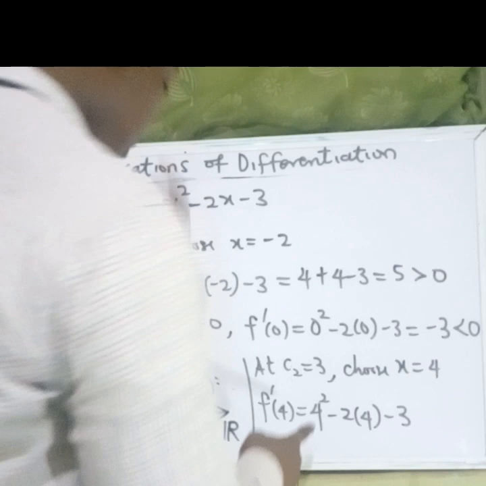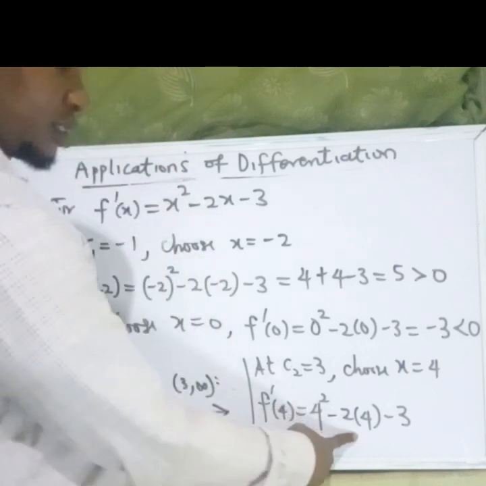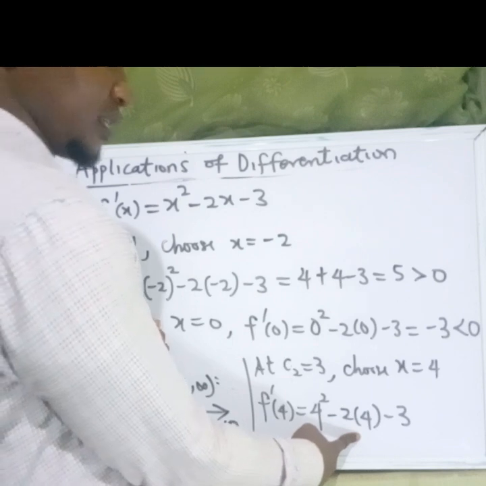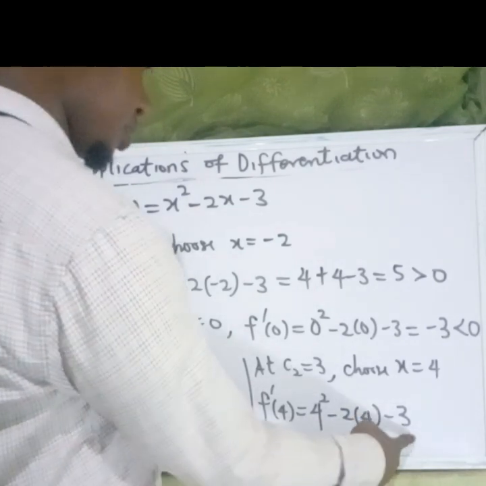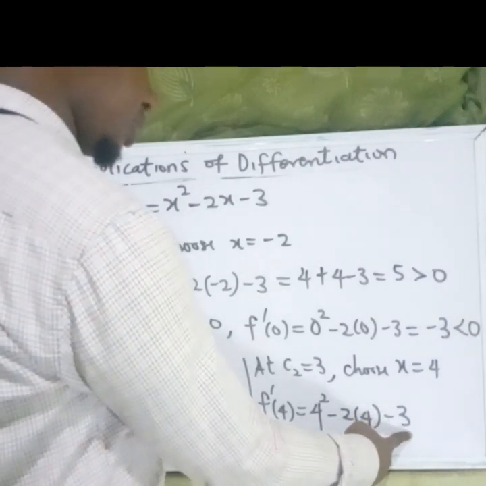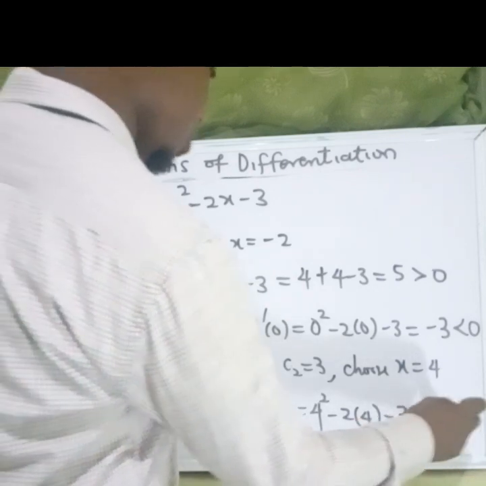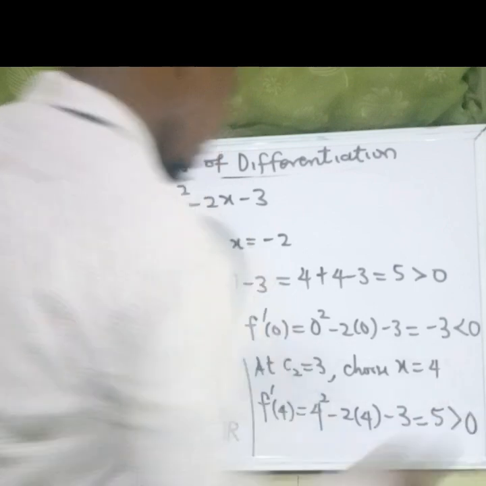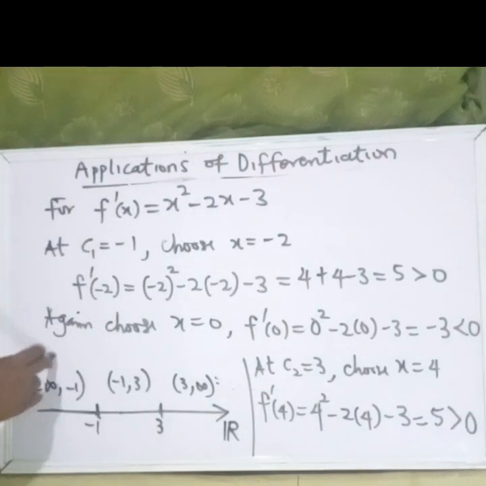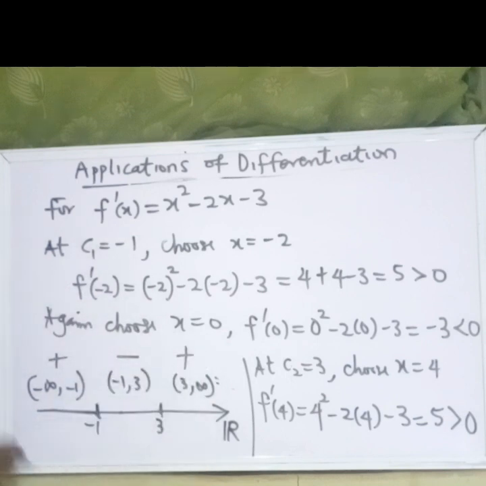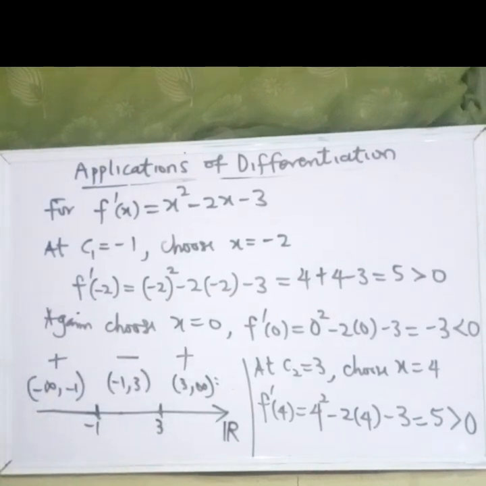So this is 16 minus 8, that is 8. 8 minus 3 is 5, which is also positive. So it is positive here, negative here, and positive here. Okay, so let's do the calculation now.